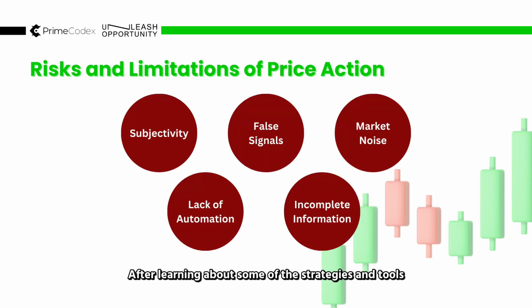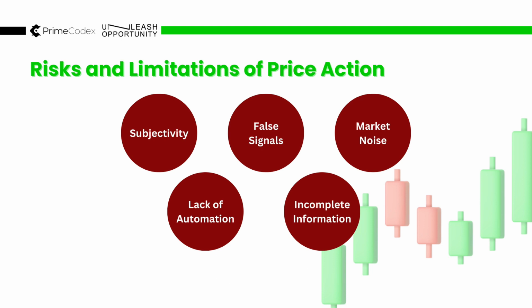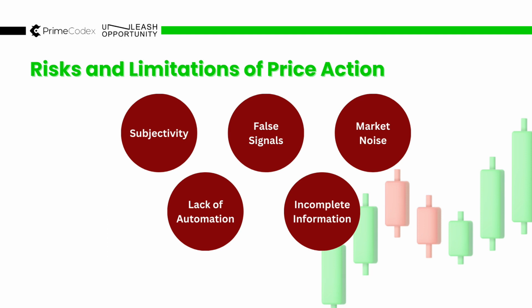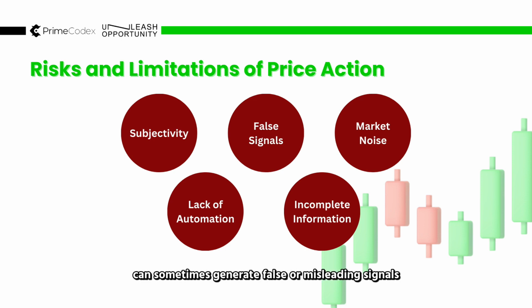After learning about some of the strategies and tools, you need to understand that price action strategies come with challenges and risks. First is subjectivity. Interpretation can vary among traders, leading to different outcomes. The next is false signals. Price action patterns can sometimes generate false or misleading signals.